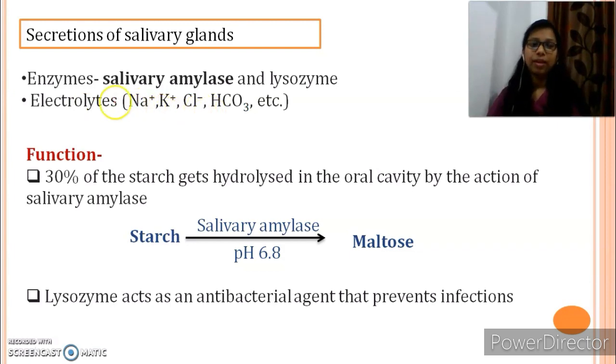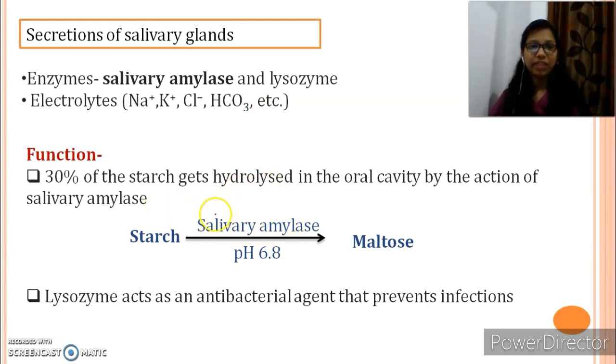Now the function of salivary amylase. Salivary amylase breaks down starch. Starch is a type of carbohydrate, found in rice and potato. About 30% of the starch gets hydrolyzed, meaning it gets broken down, in the buccal cavity by the action of salivary amylase.